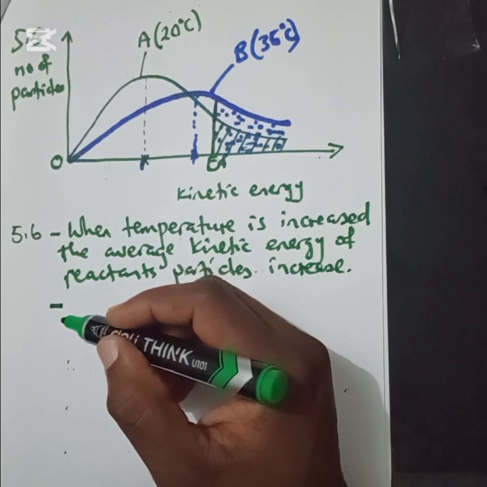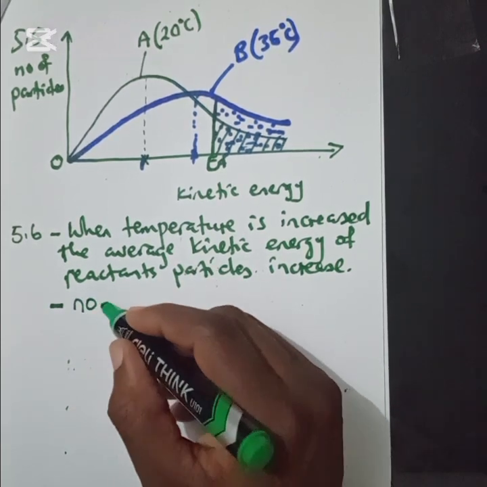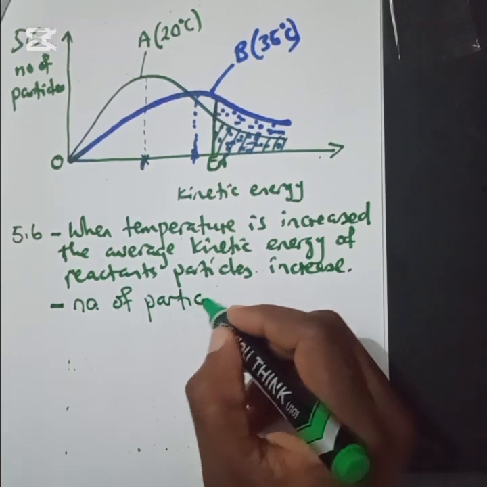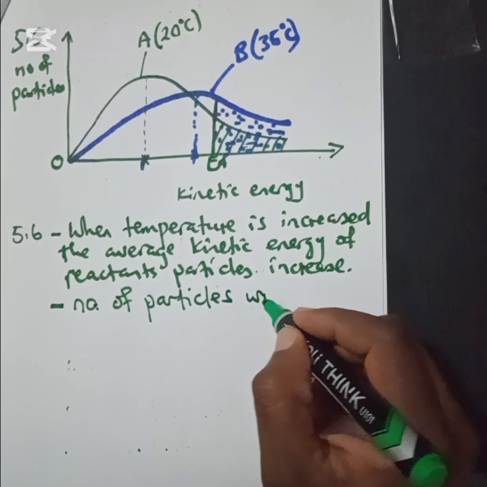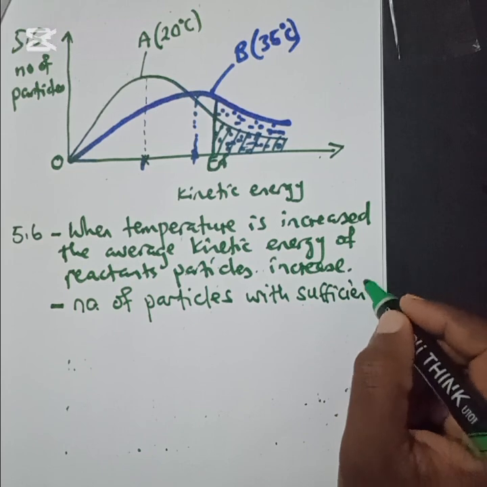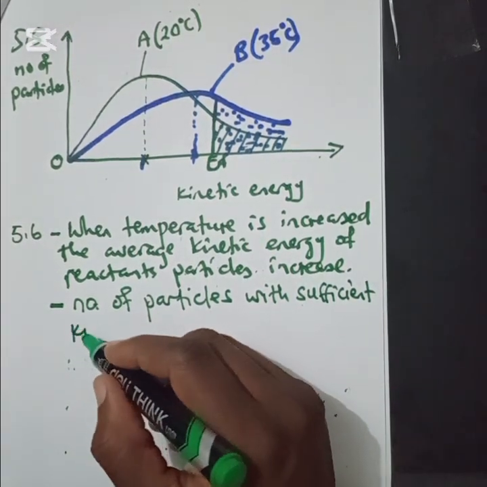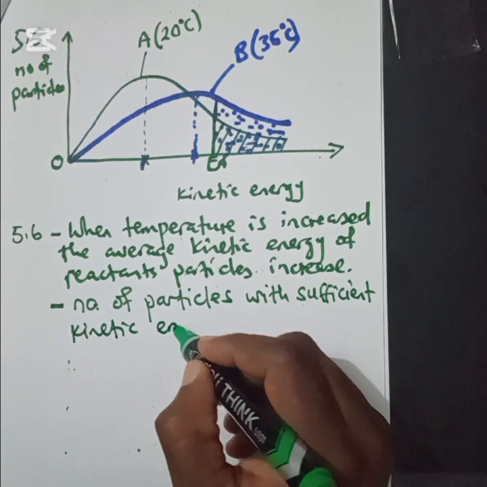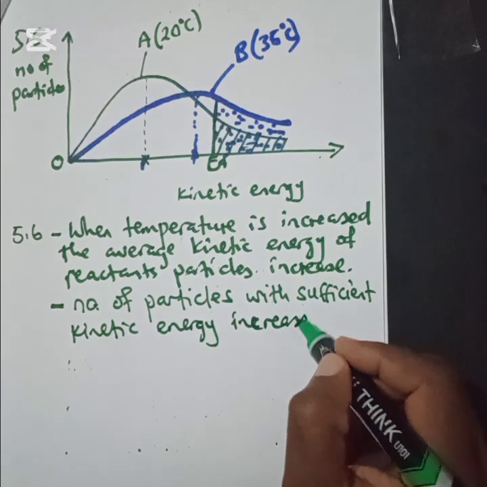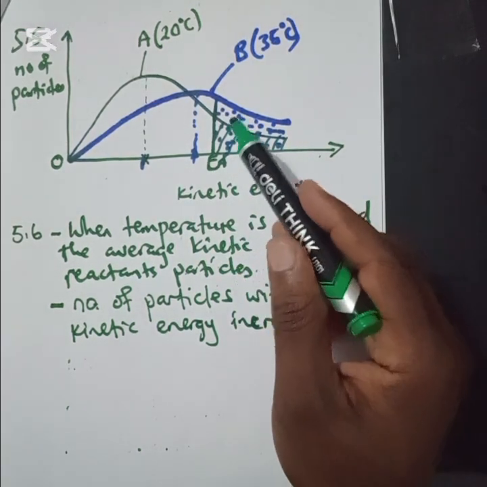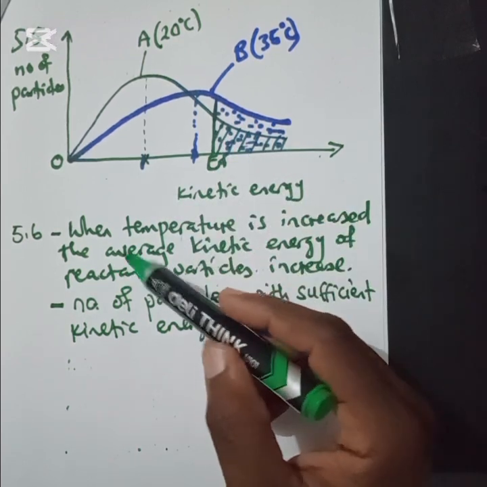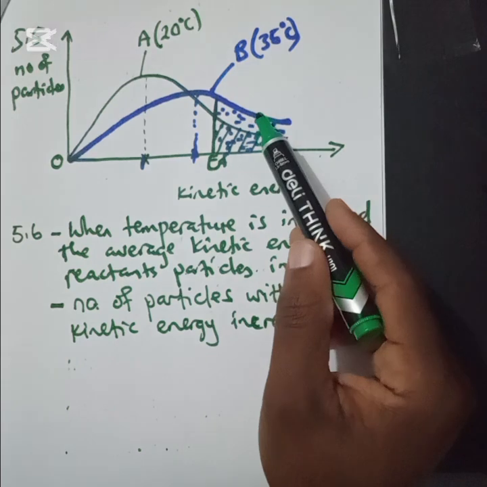Second point, the number of particles with sufficient kinetic energy increases, like I was explaining here on the Maxwell-Boltzmann energy distribution curve, that initially when temperature is increased, average kinetic energy increases.